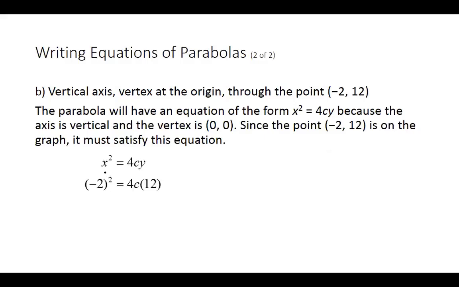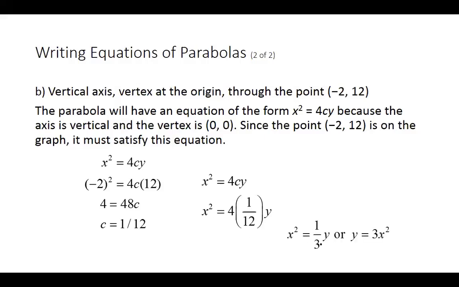Remember, we had this on our summary sheet: x squared is equal to 4cy. We substitute -2 for x, 12 for y, and we just simply solve for c. Then we get c is equal to 1/12. So now we have our equation: x squared is equal to 4 times 1/12 y. Or we can write it as 1/3 y, or y is equal to 3x squared, if you just multiply both sides by 3.